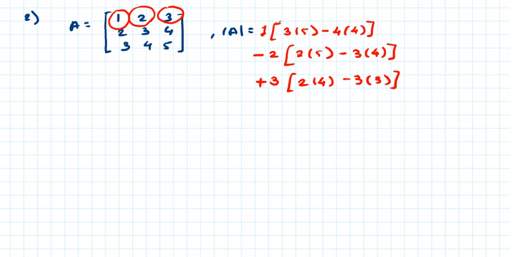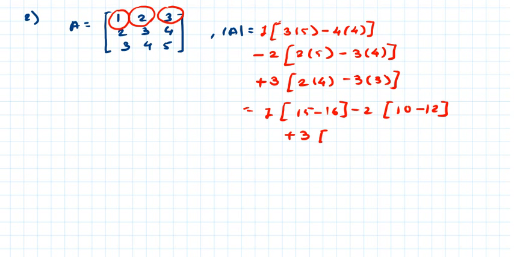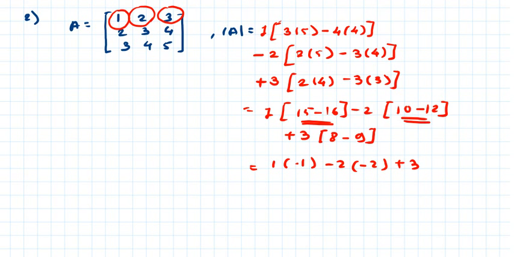Now solve these expressions. This will be 1 into 15 minus 16, minus 2 into 10 minus 12, plus 3 into 8 minus 9. So 15 minus 16 is minus 1, minus 2 into 10 minus 12 which is minus 2, plus 3 into 8 minus 9 which is minus 1.